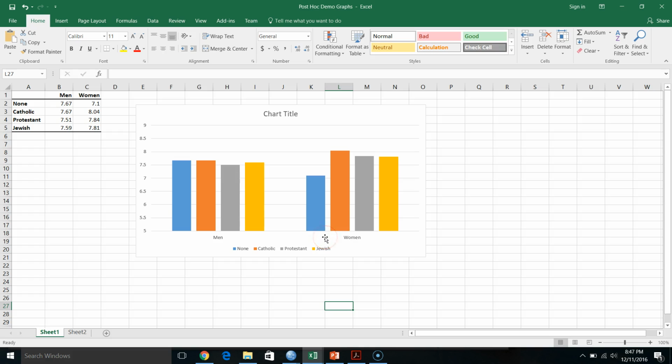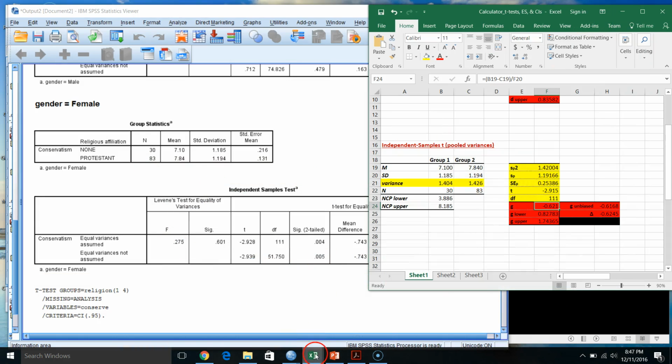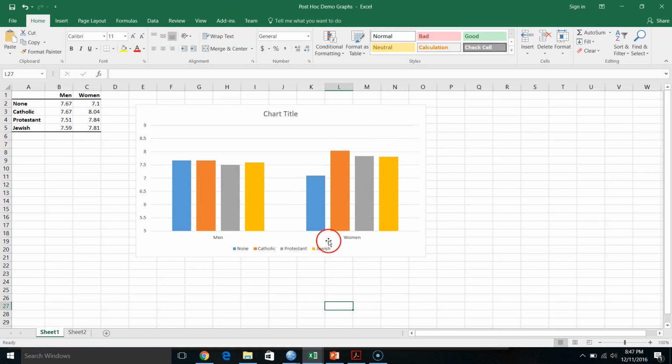However, because we're looking at 16 different pairwise comparisons, we get a pretty heavy penalty for that. And even though this is statistically significant, 0.004, technically we would say that we haven't met our threshold for statistical significance, but we would still probably note that we've got a medium effect in terms of our difference here.